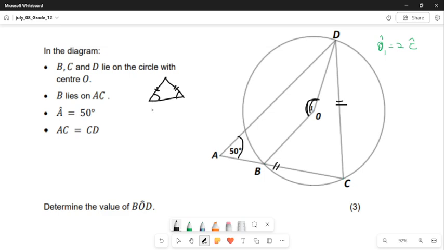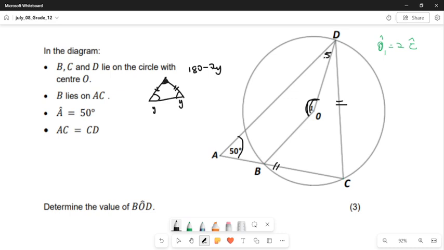So if this is y and this is y, the sum of angles in a triangle, we can just say 180 minus 2y should give us the angle that is missing, because the sum of angles in a triangle is equal to 180. So already we know two, we can easily find the third.